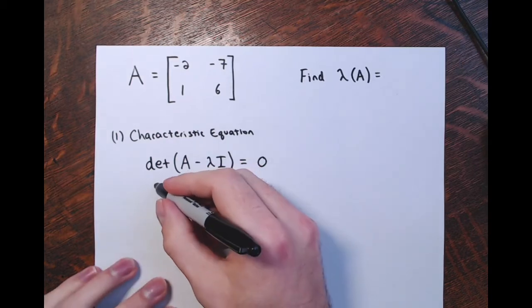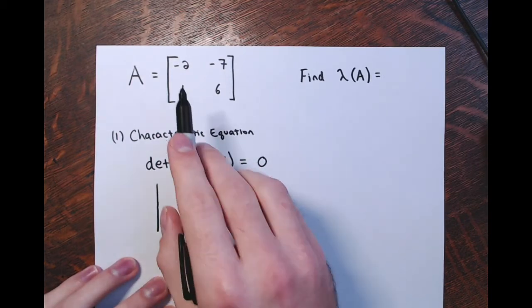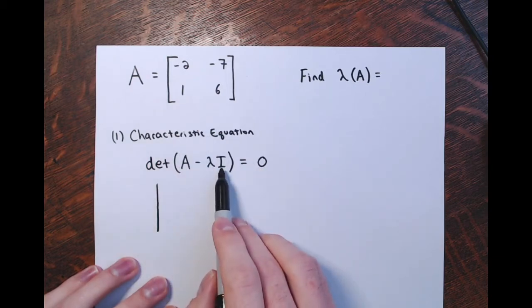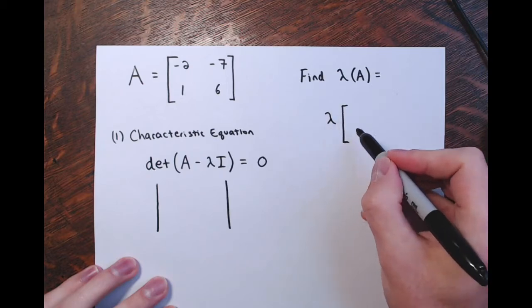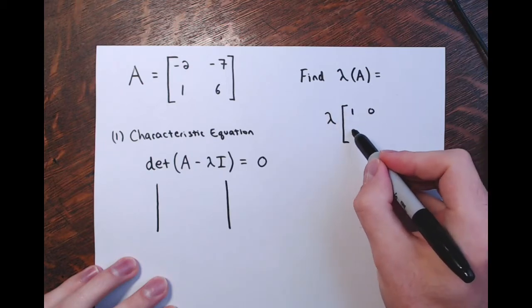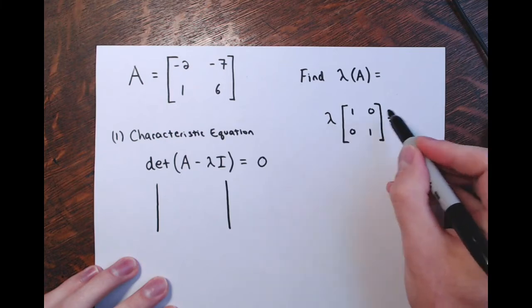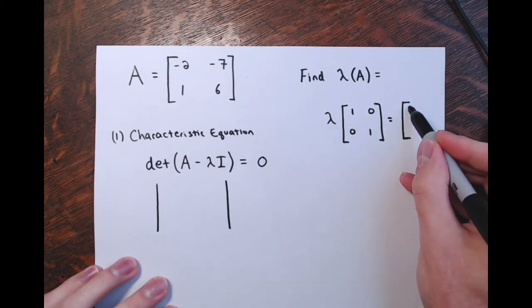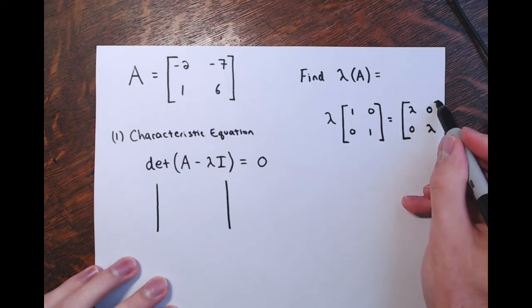All right, so here I'll write this with the bars. Now basically A minus lambda I, right? Lambda I looks like this. It's lambda times the 2 by 2 identity matrix, and if I multiply lambda by this, that just puts lambda down the main diagonal and 0 everywhere else.